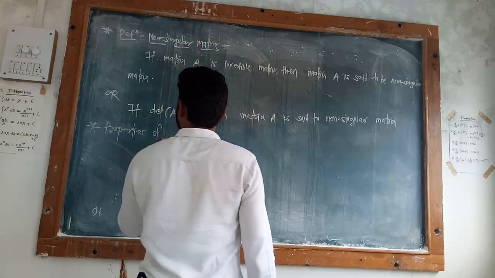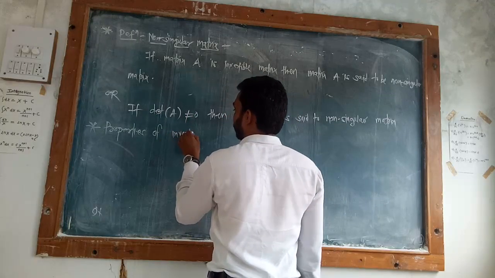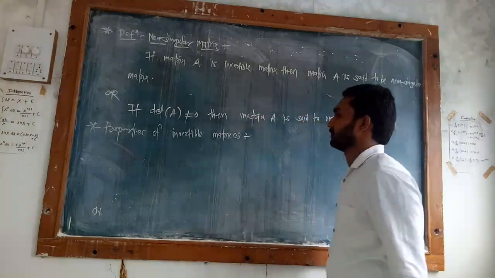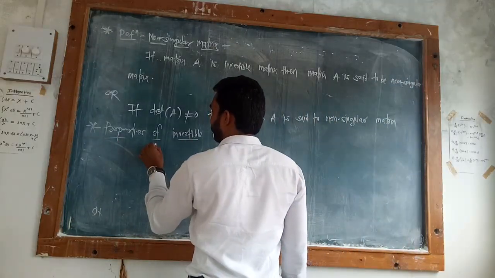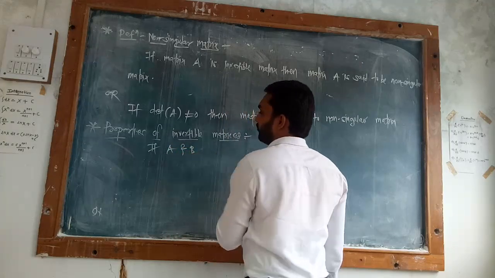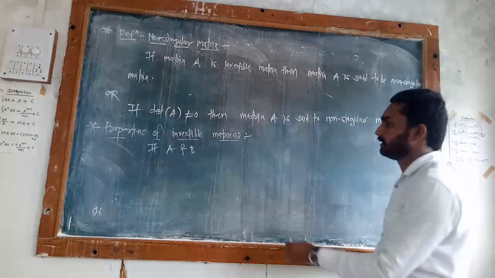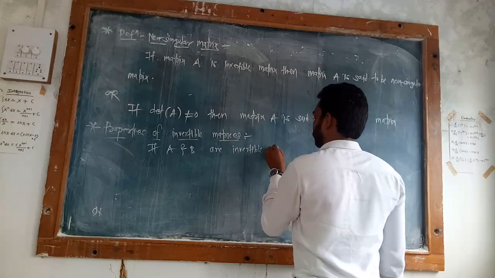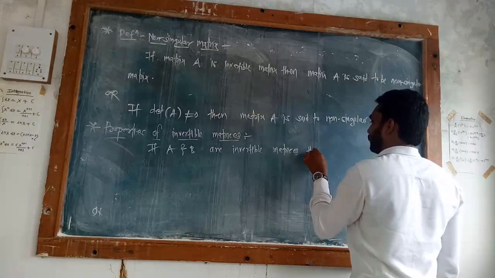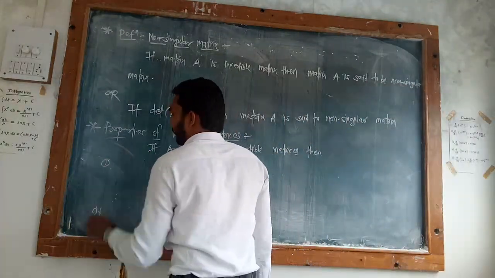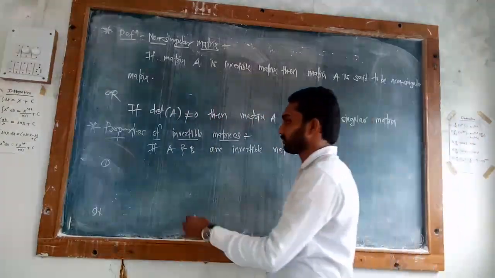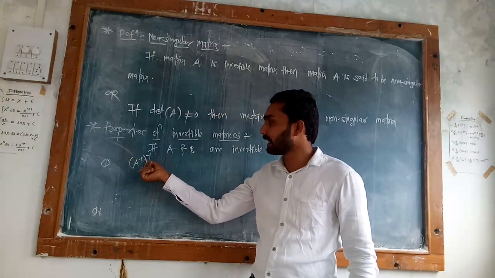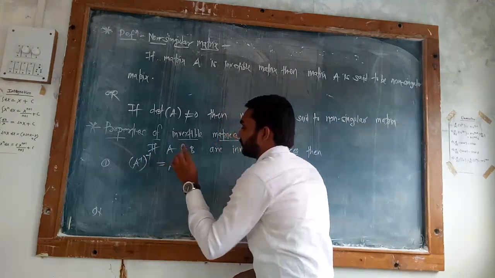If capital A and capital B are invertible matrices, then the first property: take the inverse of A, and then take its inverse again, and it becomes the original matrix A.